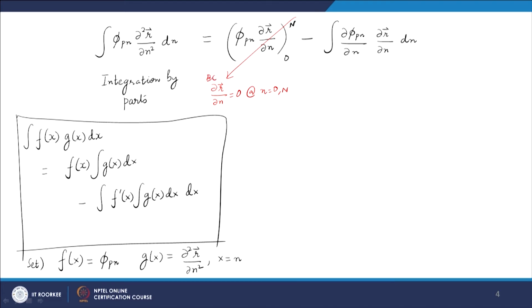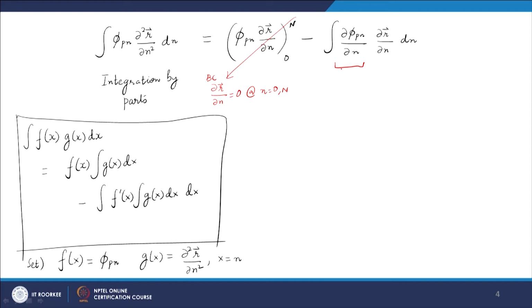The second term, I will use the integration by parts again, where this now becomes my f of x and this now becomes my g of x. Let us call it f1 and g1, and this is my x.